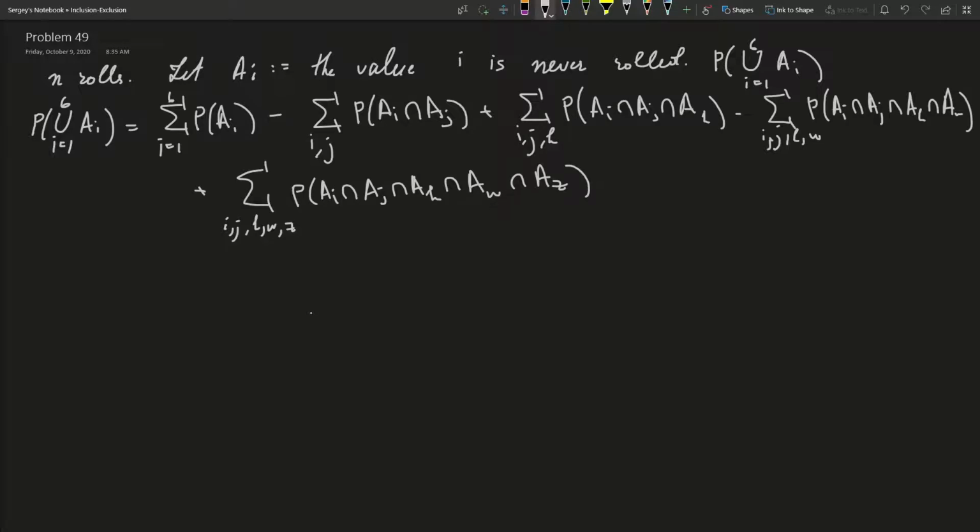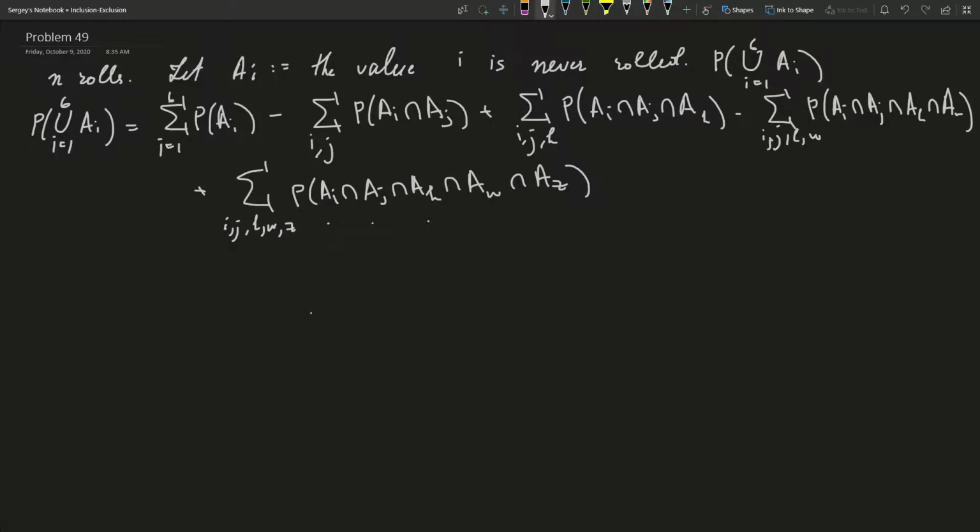Now notice that I don't add the term where we look at the probability of the intersection of 6 events, because recall that each one of these events says that a value does not occur. This first event says the value i does not occur, the second says the value j doesn't occur, the value k doesn't occur.